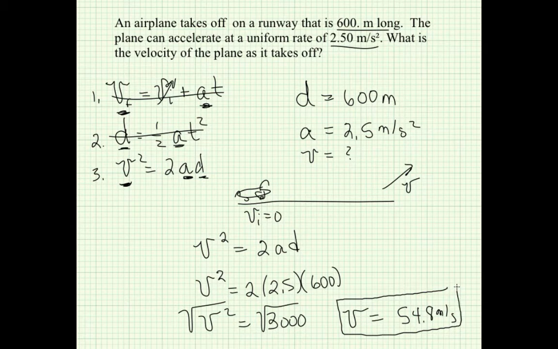So do you see that when I'm doing the math, I'm not including the unit? But where does the unit end up? It always ends up with the answer because any measurement has both a number and a unit.